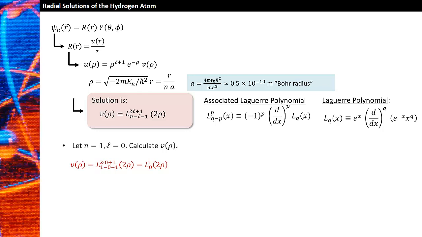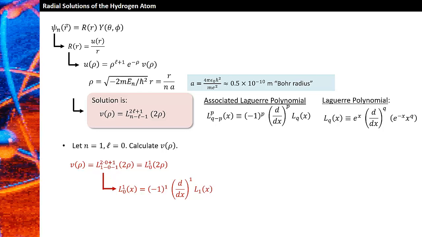Well, so for v of rho, we have to put n and l in the appropriate places for the Laguerre polynomial. And putting those in, it looks like what we need is the associated Laguerre polynomial L subscript 0 superscript 1. Again, that's a function of 2 rho, but for the moment, let's just take that as a function of x. So what we really need to do is figure out what L_0^1 of x is.